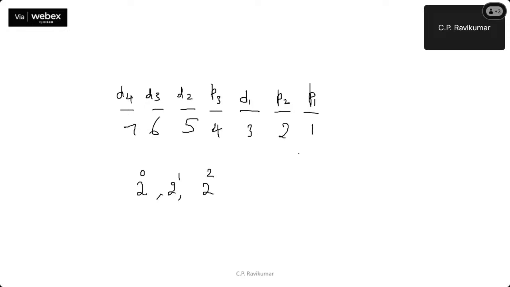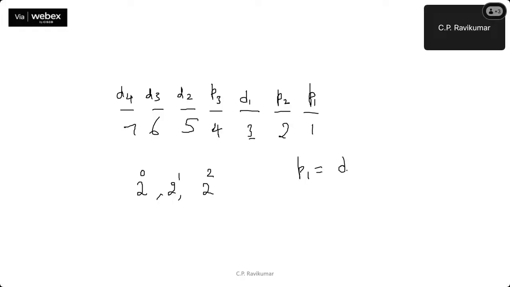Now, how do you calculate P1? P1 is the parity of all the bits which have a 1 in the 0th position. See, we chose P1 to be in the 2 power 0 position. So P1 is a parity of all the odd ones.